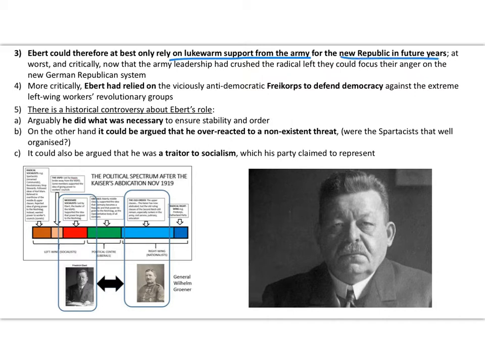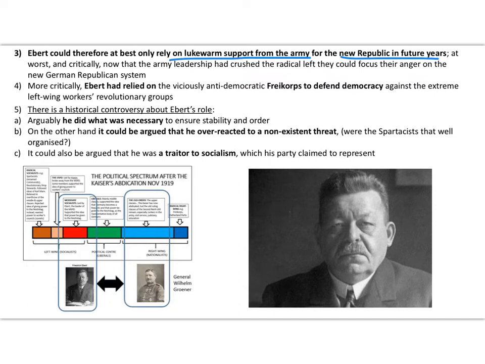That's a significant point, because what we're saying is, if the establishment, the civil service and the judiciary, etc., and the army is dominated by the old elites from the Second Reich, then the leaders of this new republic, who are moderate left like Ebert, if the republic is going to work, they are reliant on the support of the establishment, the civil service, etc. Because it's their job to implement the laws in this new Germany.